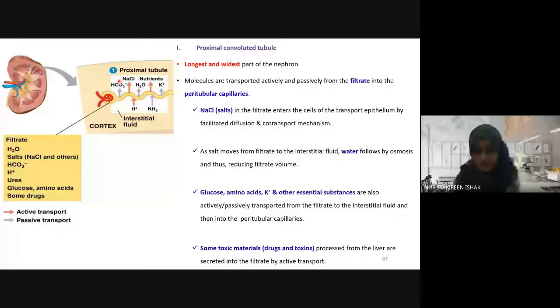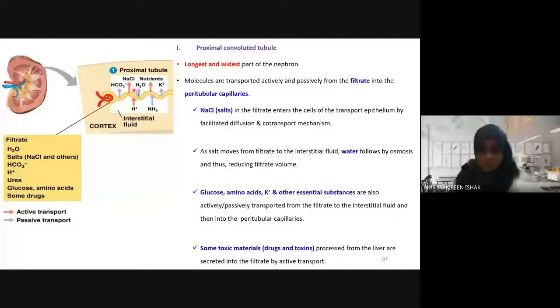So if the interstitial fluid is concentrated by the sodium chloride, this will cause water to diffuse out from the filtrate into the interstitial fluid, and causes the filtrate concentration to be reduced before it enters into the loop of Henle.